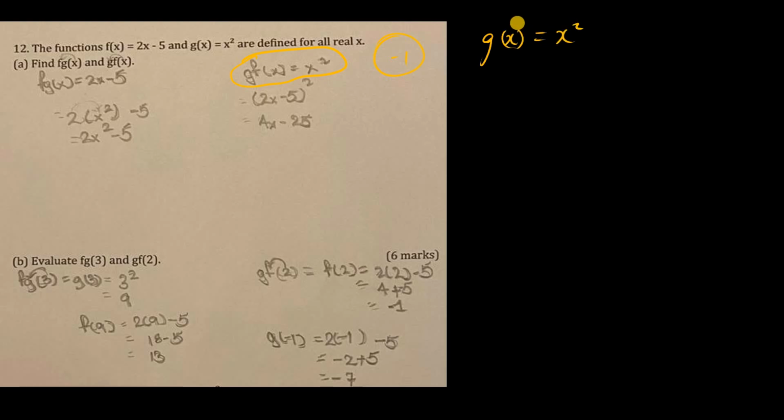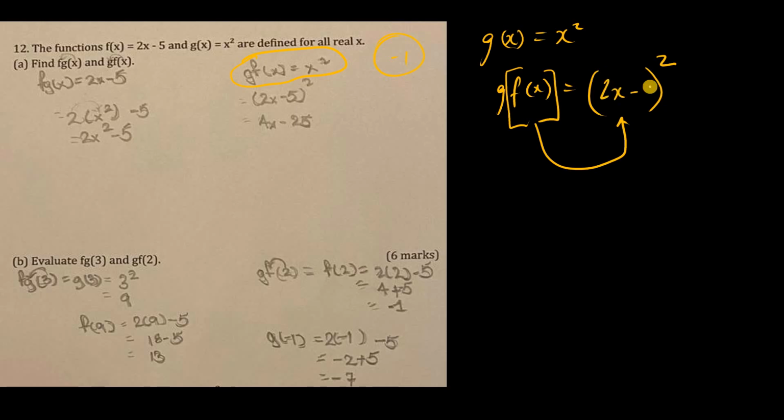Once you combine it now with f, you do an input. We're inputting f inside of g. So we have the x squared there, where the x is, we're going to make our substitution. And f goes in as 2x minus 5.